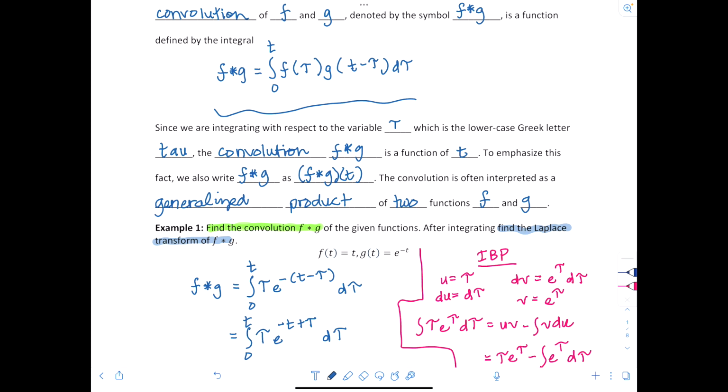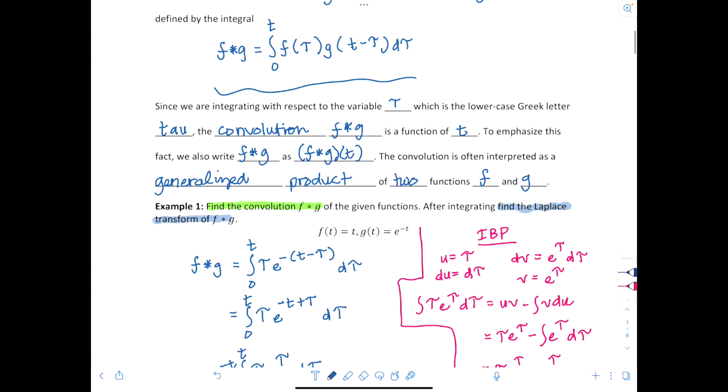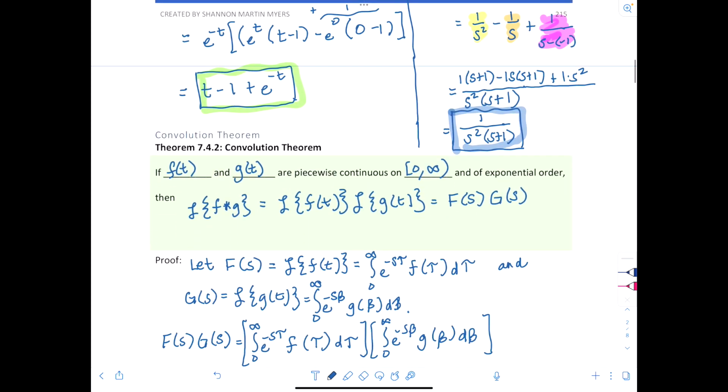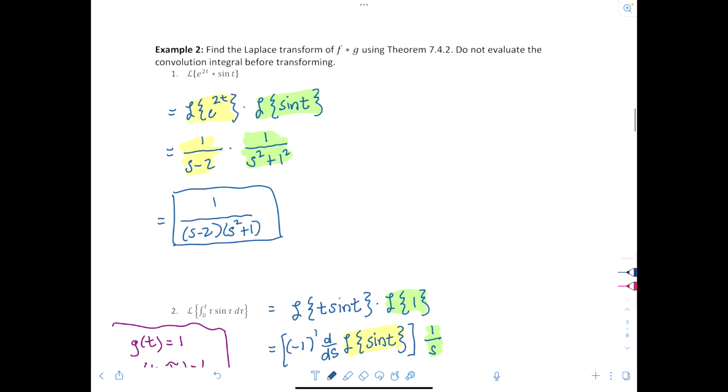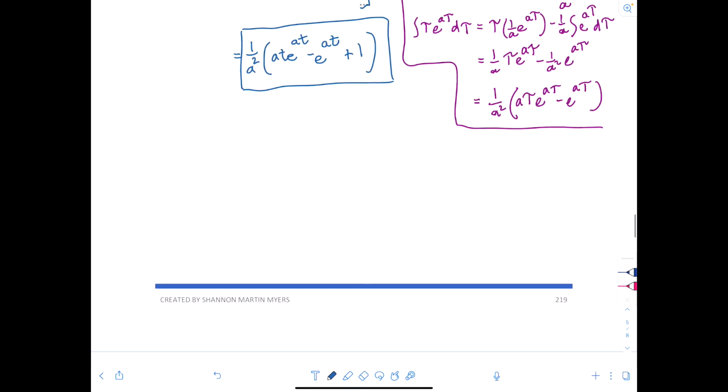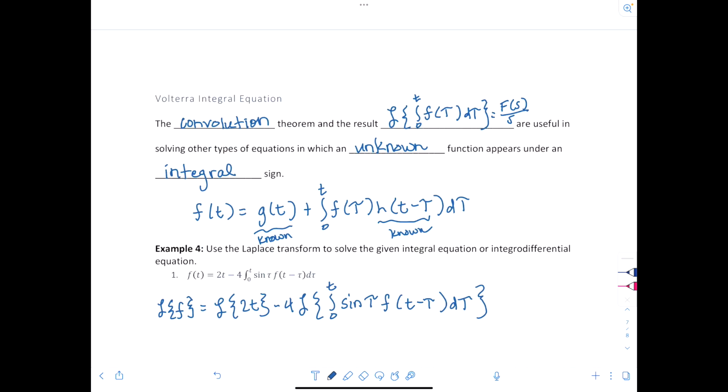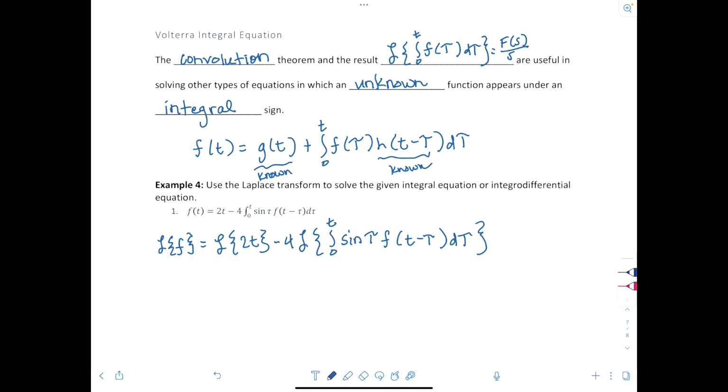So that is the convolution of f and g, right? And it turns out that the Laplace transform of a convolution of f and g is the product, when they're evaluated at t.